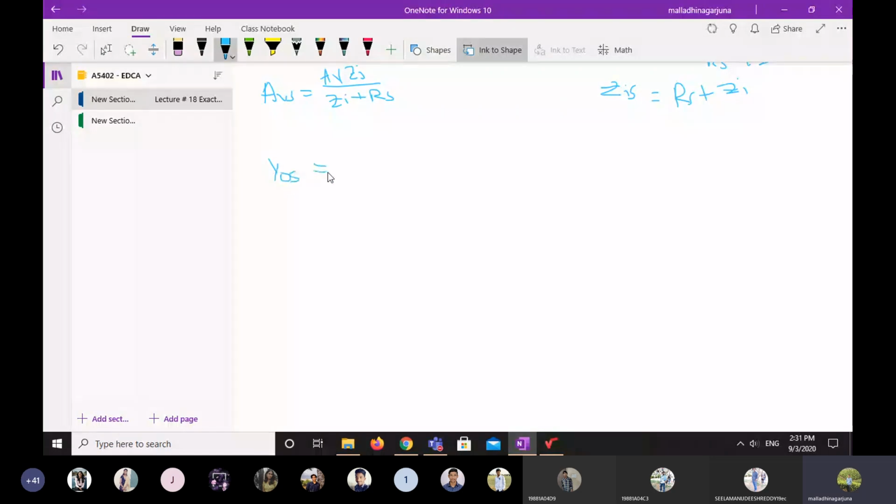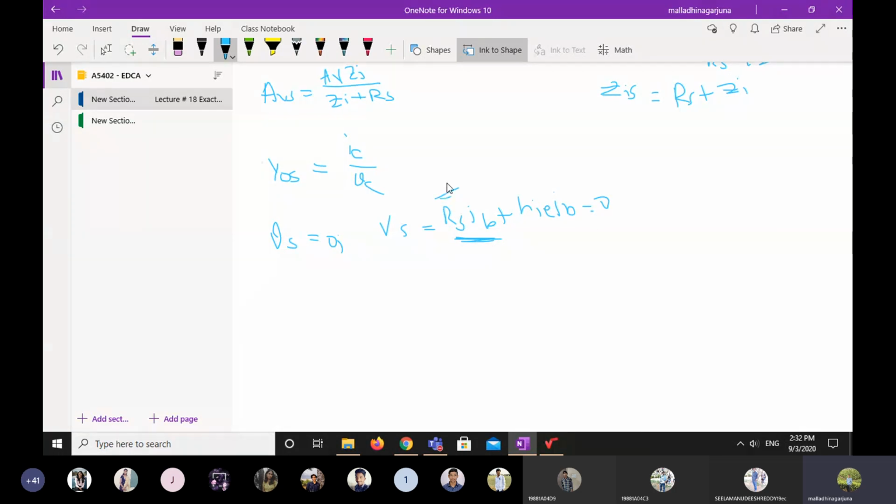Y0S equal to IC divided by VC. To calculate output admittance, we must keep VS at 0. Okay, so VS is 0. VS equal to Rs IB plus HIE IB, that is equal to 0. This is the extra parameter we have, because we are taking the source resistance also.